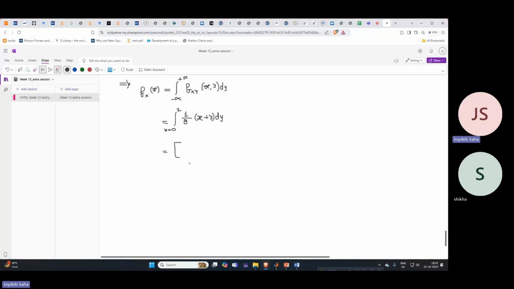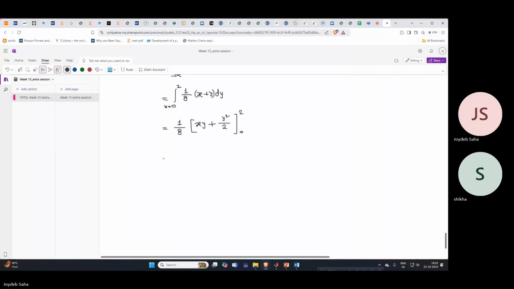So this will be xy plus y square upon 2, from 0 to 2. Y value will be 2, right?